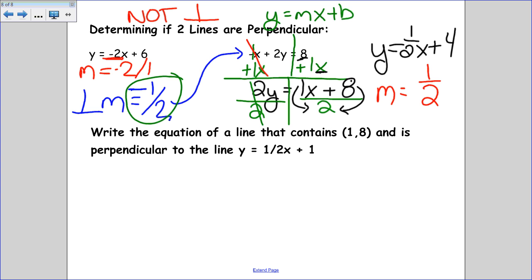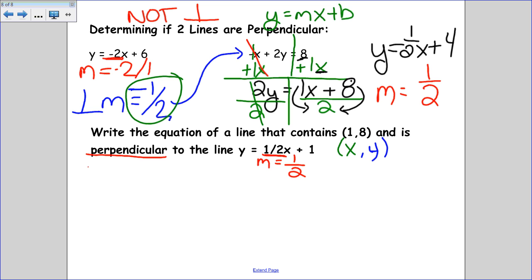Okay? So very last thing, let's look at how we can write an equation of a line when it gives us a point and tells us a line that it's perpendicular to. With our point, we have an x, comma, y. Let's keep that in mind because we can plug that into our equation again. It says it's perpendicular to the line y equals 1/2 x plus 1. Here our m, or our slope, is 1/2.